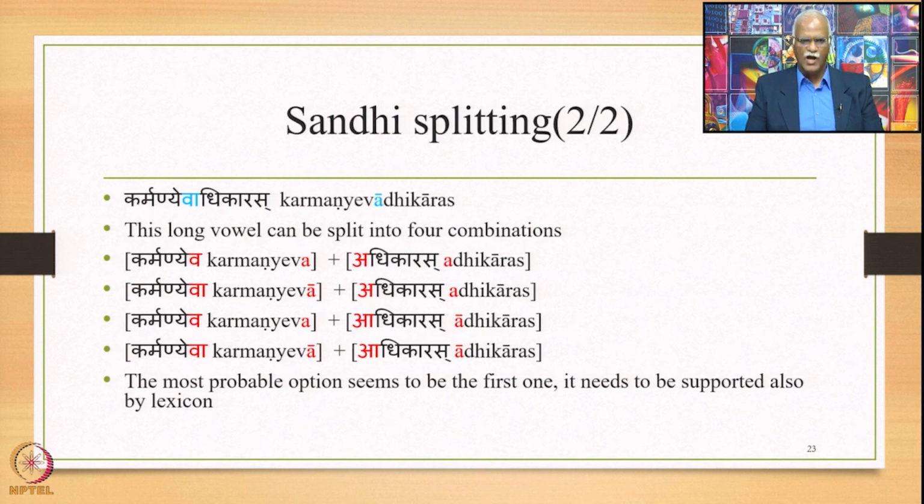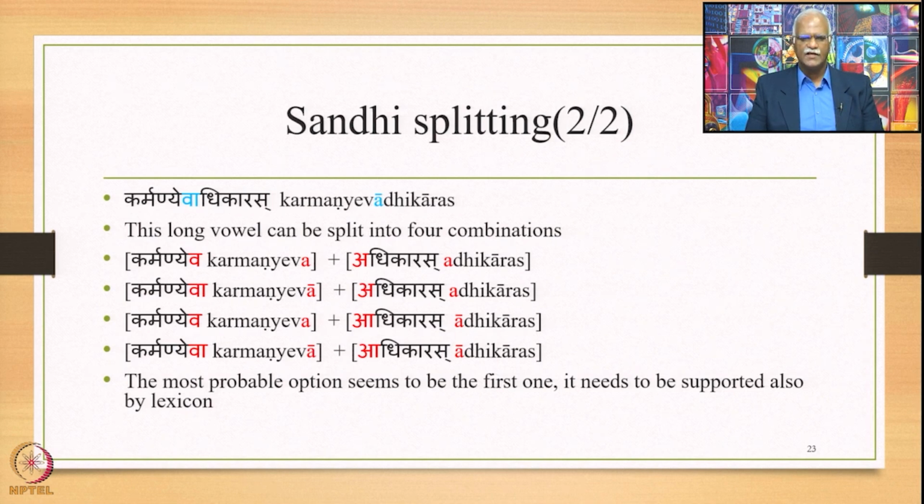Amongst these 4 now, the lexica will come to our help and will be able to tell us that there is one more long e there that can be split into e plus a or e plus a, and then karmani eva, that is part of the lexicon and not the other forms, and so those options are eliminated.